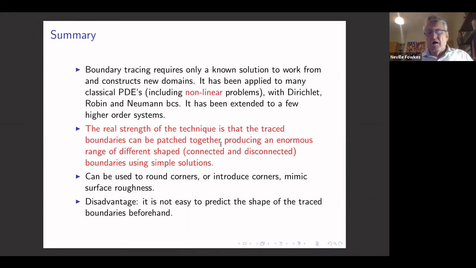Of course, one of the difficulties is that you can't, a priori, predict the shape of the boundaries that actually arise. You can have a little bit of a punt on it, but you can't predict what it's going to actually be. So that's a bit of a disadvantage. But the other thing I point out is that you can round corners, introduce corners, mimic surface roughness, etc. All these sorts of things we often want to do with PDEs in their own right.